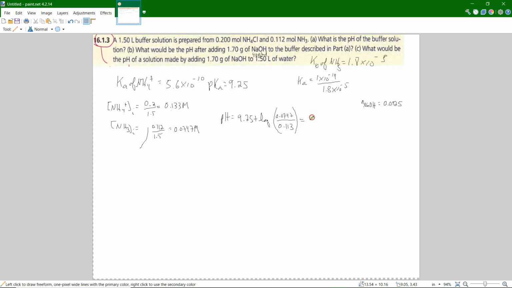So this becomes 9.25, and now let's get this term here. 0.0747 divided by 0.113, get a value, 0.66, and now I'm going to take the log of that value, and I get minus 0.18. So plus negative 0.18. I can do that in my head, 9.07. I guess I should look at the answer key here.